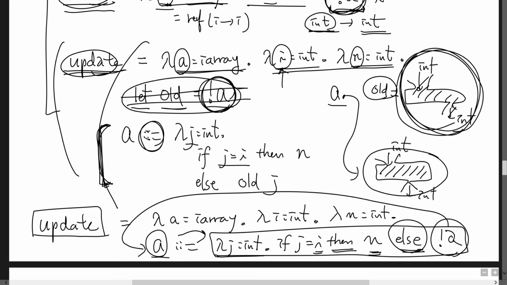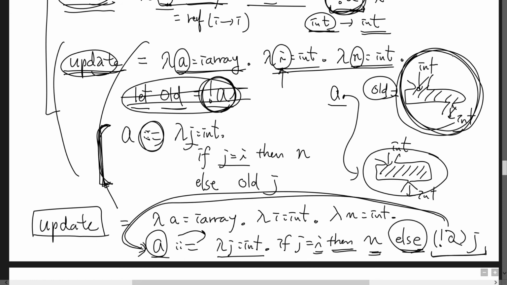So the wrong answer is actually bang A applied to index j. So you make a function call and you go back here, and then you find that the argument j is still different from index I. So again, you take this else branch.